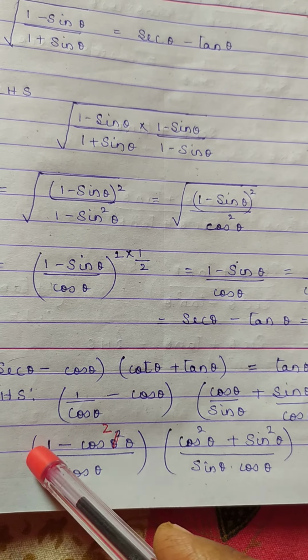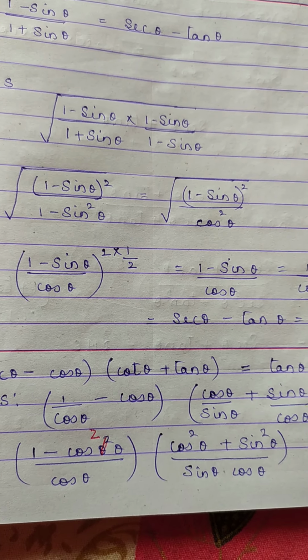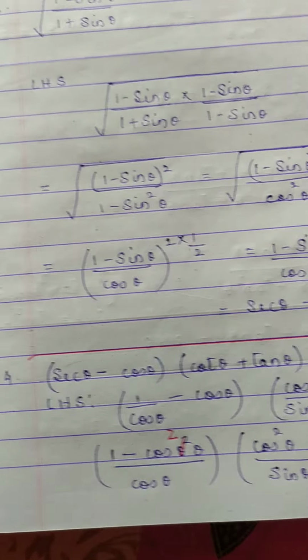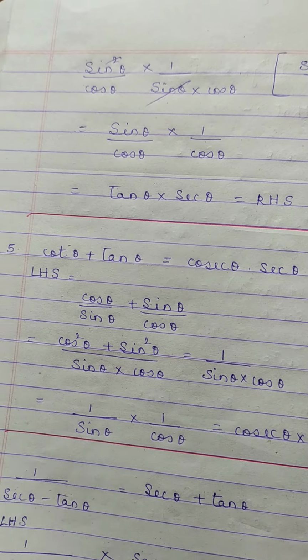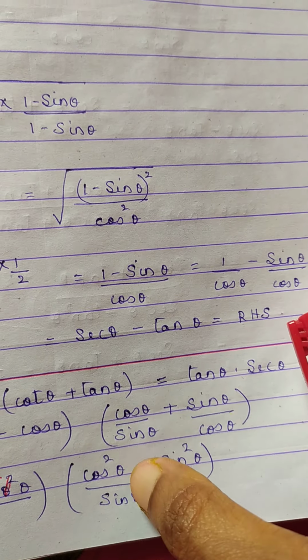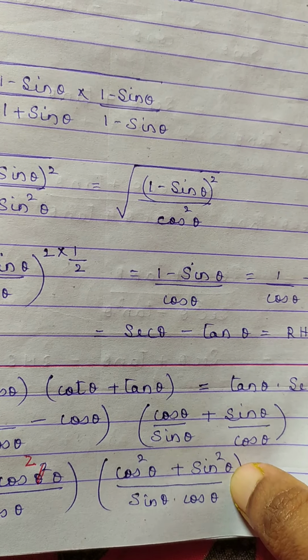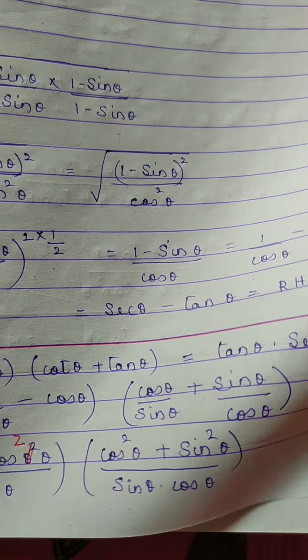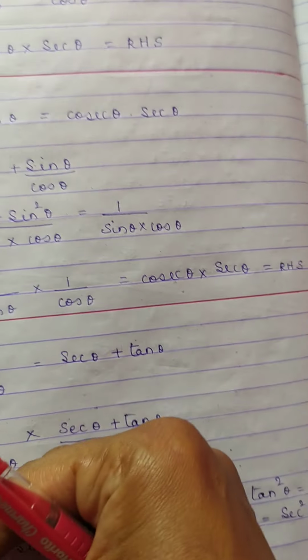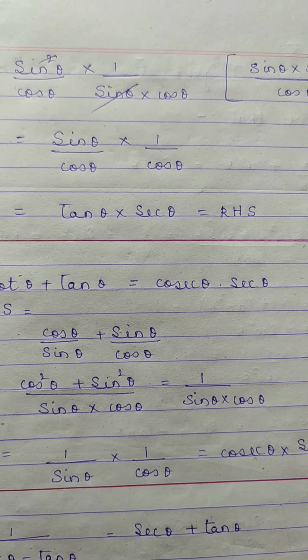Now we know 1 minus cos square theta is written as sin square theta. So that's sin square theta upon cos theta into, now cos square theta plus sin square theta we know is 1. This from the first identity. So that's into 1 upon sin theta cos theta.